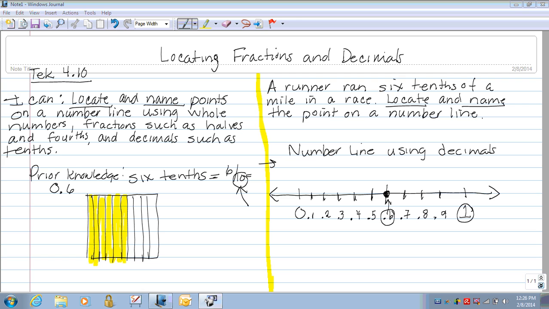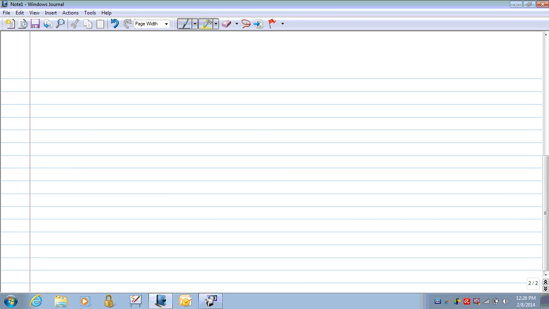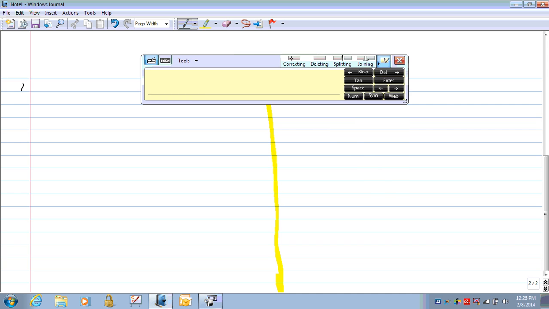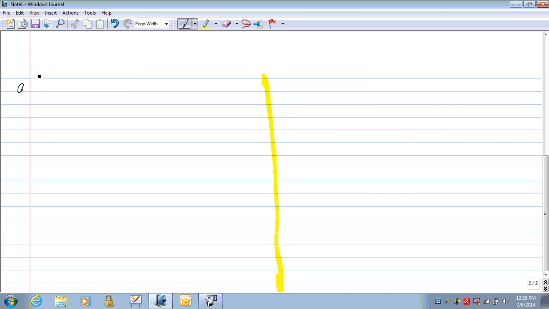Let's do another example. What number does P represent on the number line?